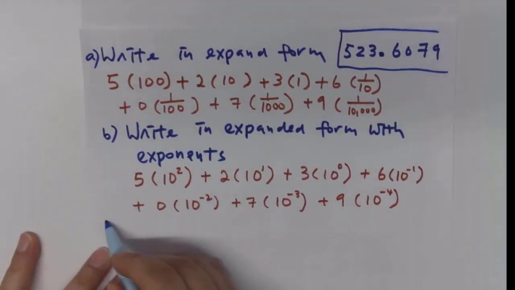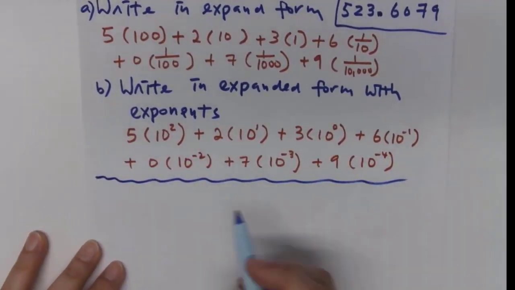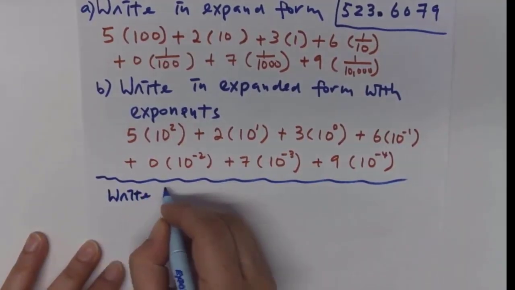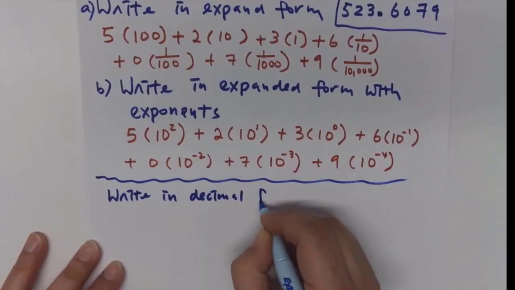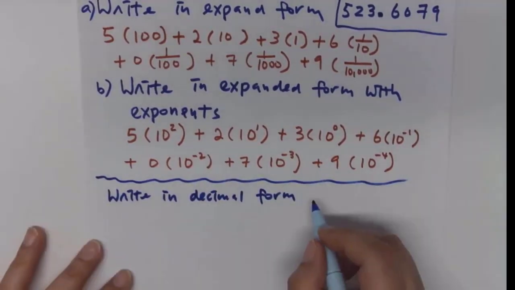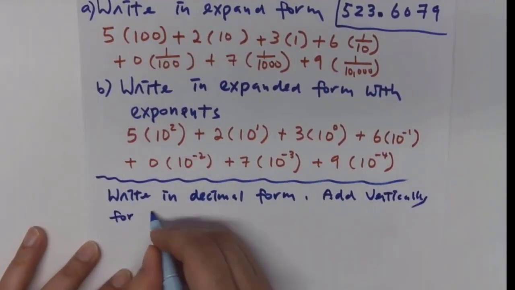The next question also in your homework probably will be on your test, and that is a question that a lot of students miss. So this is asking you to write in decimal form first, and then they want you to add them up vertically.